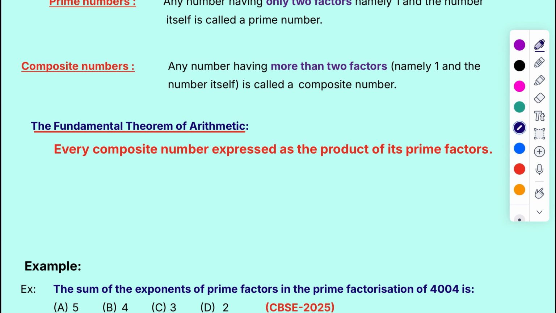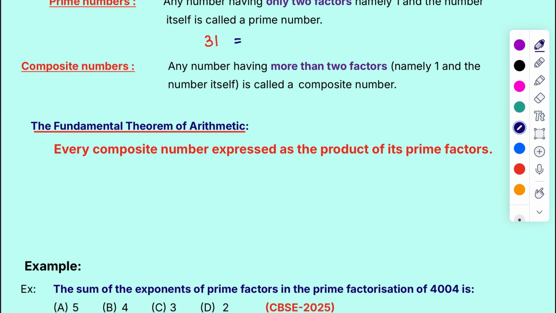Next we will come to prime numbers. The definition of a prime number is: any number having exactly two factors, namely 1 and the number itself, is called a prime number. Suppose we take the case of the number 31. 31 can be written as 1 into 31.